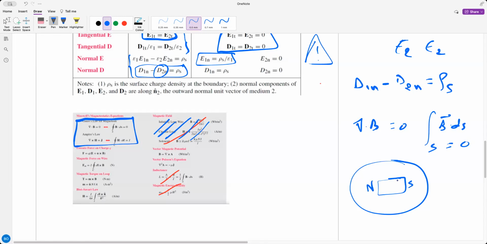As I mentioned in physics 2, if you break the magnet, it will rearrange itself into a north and south pole. You will always have a north and south pole, and their flux will cancel each other. That's why the flux of the magnetic field out of the surface is always equal to 0.